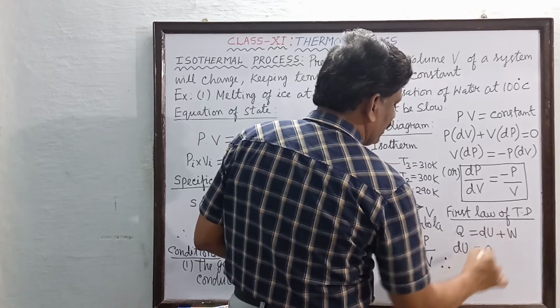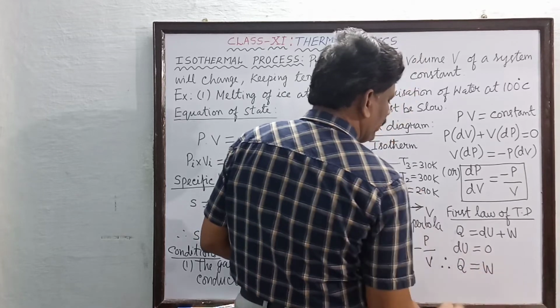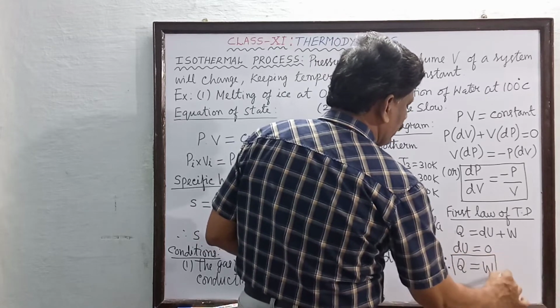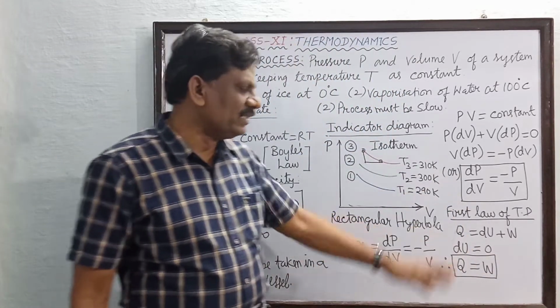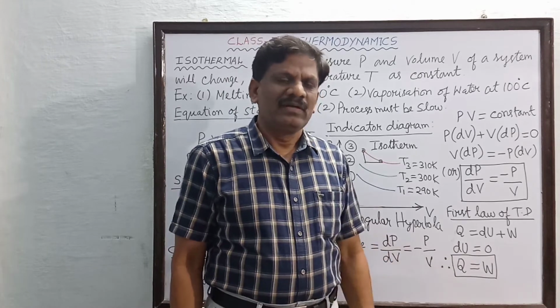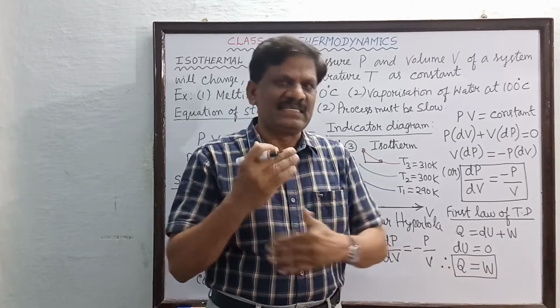Therefore the first law of thermodynamics becomes Q is equal to W. So totally the quantity of heat supplied to the system is converted into work done. Understand? This work is done by the system.